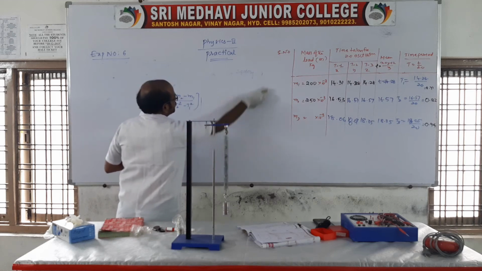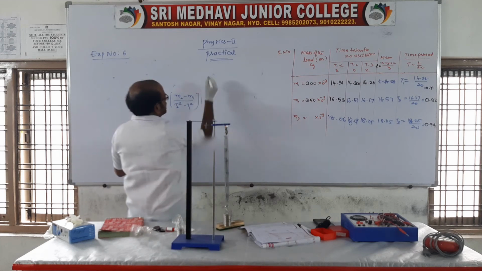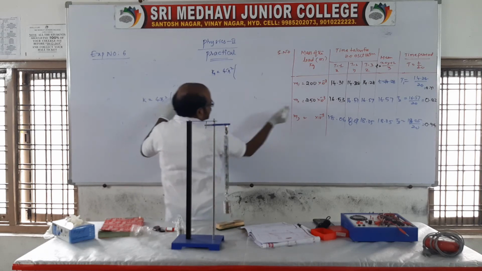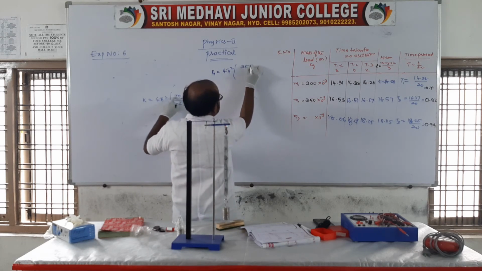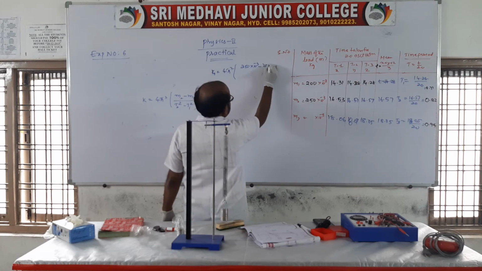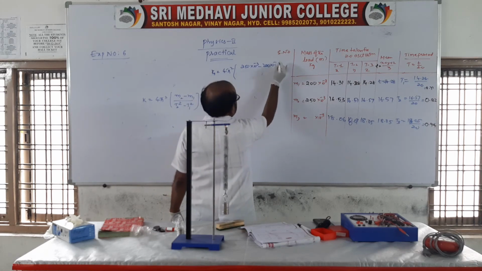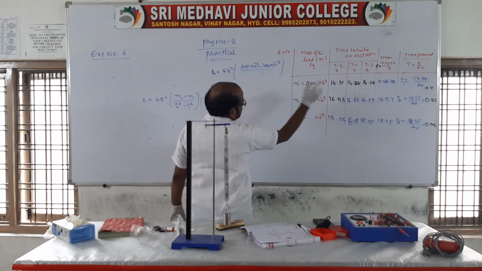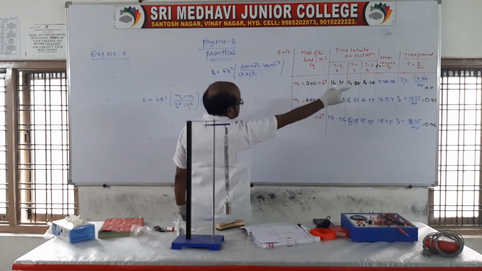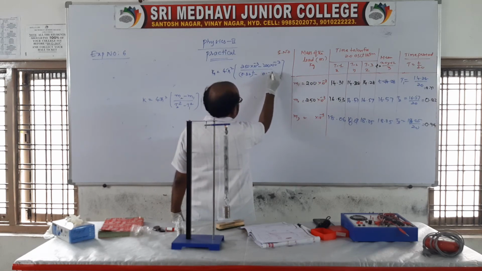So for the first spring constant, K1 is equal to 4 pi square into M2, which is given as 250 into 10 power minus 3, minus M1, 200 into 10 power minus 3, by T2 square, 0.82 whole square, minus T1 square, 0.71 whole square.